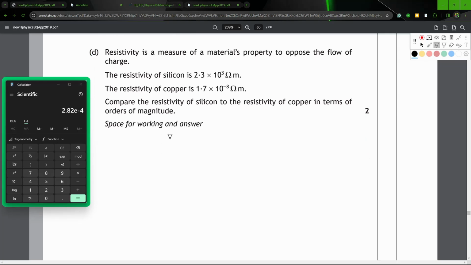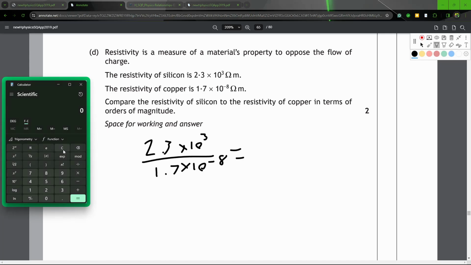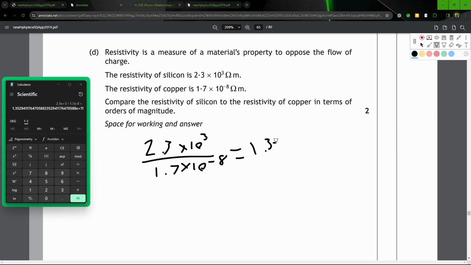So when it tells you to do this, you just divide the numbers by each other, and we're going to get some sort of answer. We've just got 1.35 times 10 to the 11.